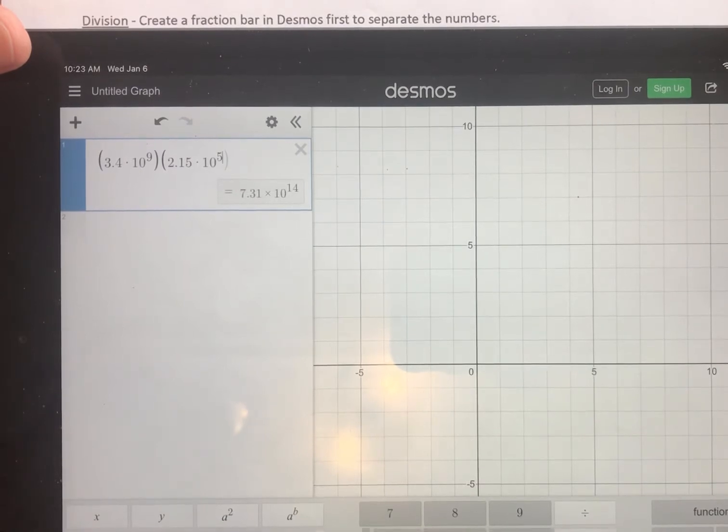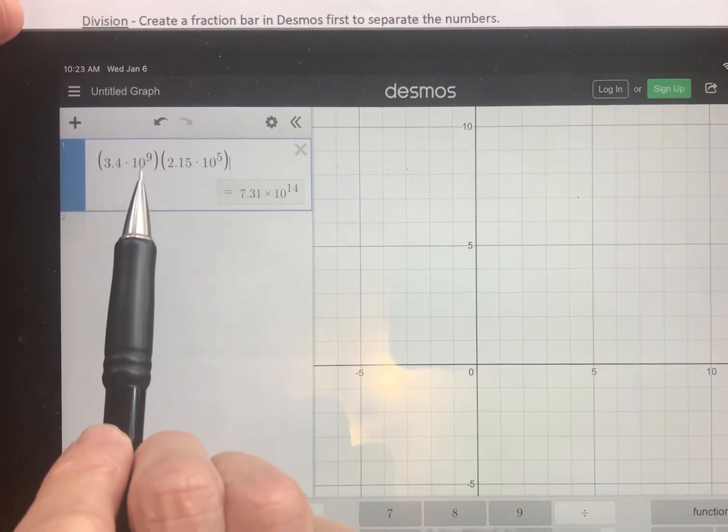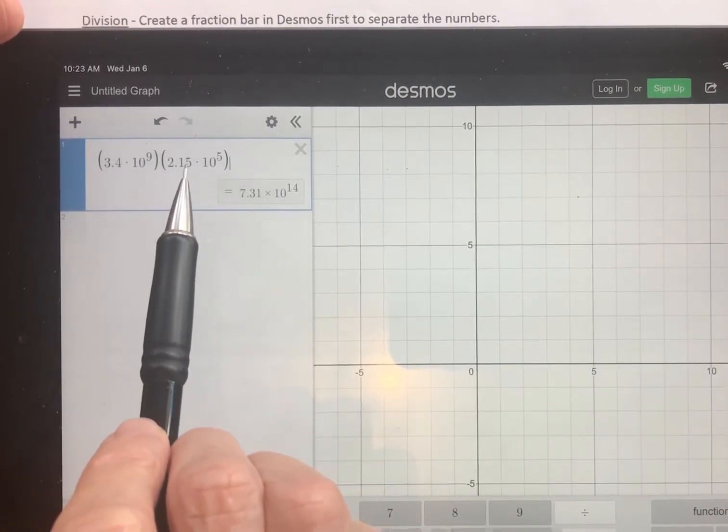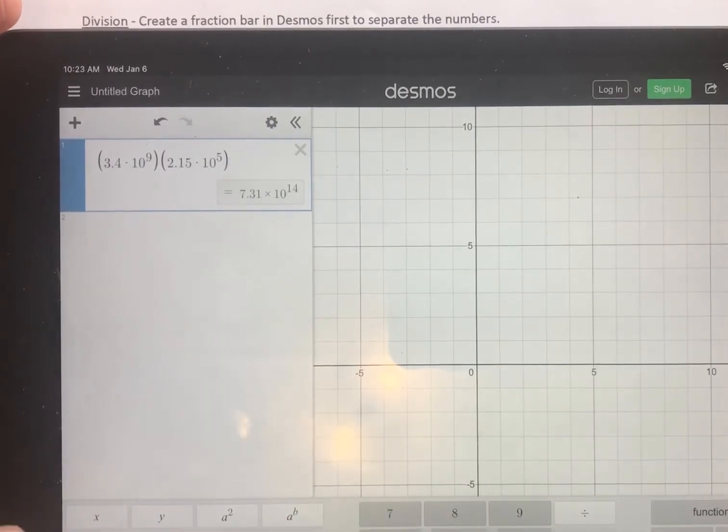You can see it's already given me the answer right there, despite the fact I've not completed what I wanted to do, which is put the final parenthesis in there. And Desmos is quick. 3.4 times 10 to the 9th times 2.15 times 10 to the 5th is 7.31 times 10 to the 14th.